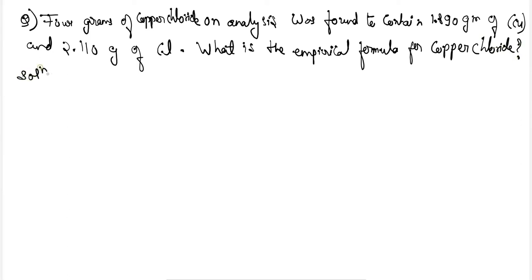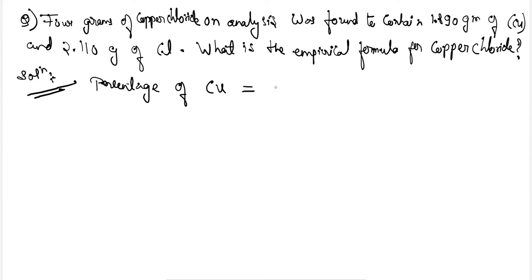Solution: first we have to find the percentage. Here you can see that the mass is given, so we have to first find out the percentage of each element present here. The first step is to calculate the percentage of copper in the given compound.